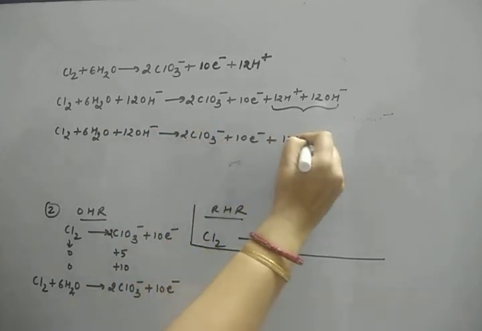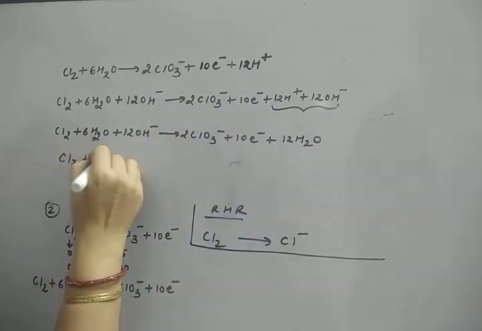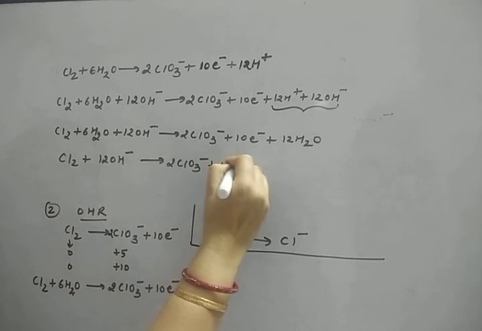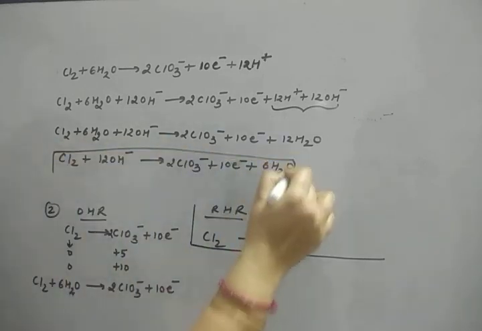Plus 12H2O. So 6H2O here and 12H2O here. So my final equation is this. Plus 6H2O. So this is my final oxidation half reaction.